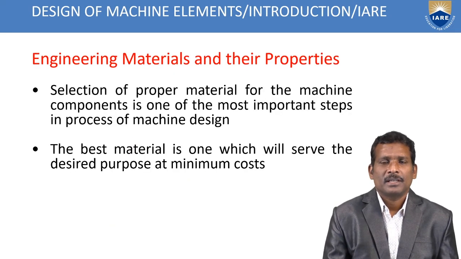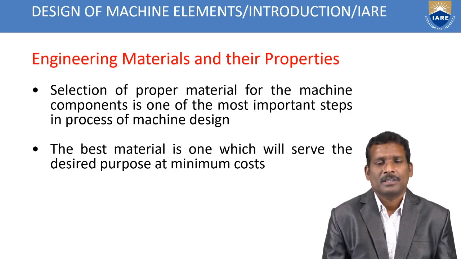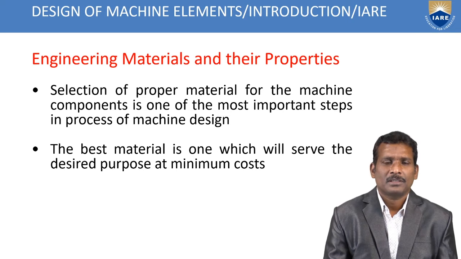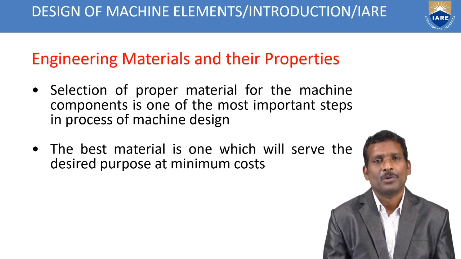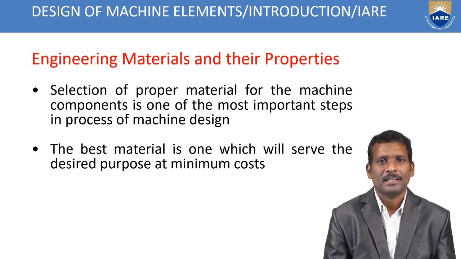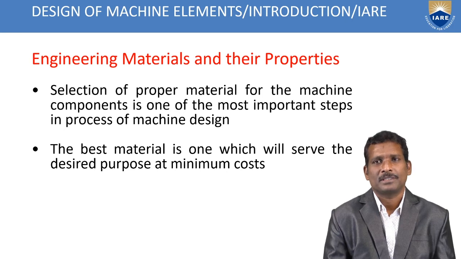Next one is engineering materials and their properties. So in the previous slides, in the starting slides, I told you the selection of material is a very, very important criterion in design of machine elements. So here the material should have some basic properties. Clear?